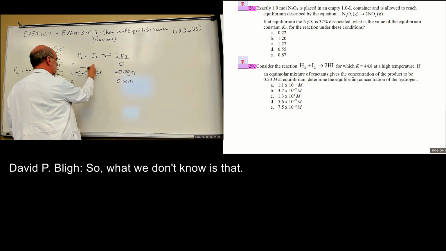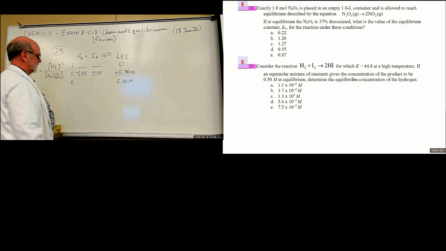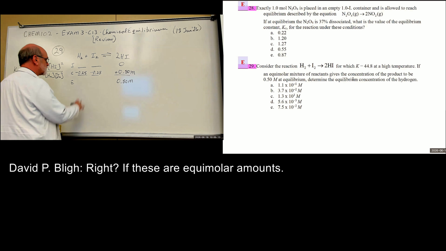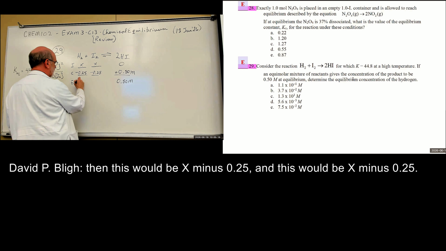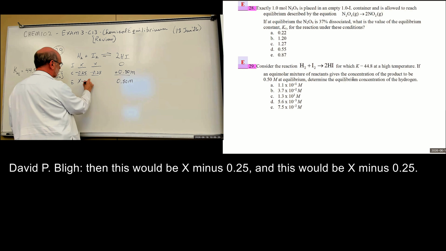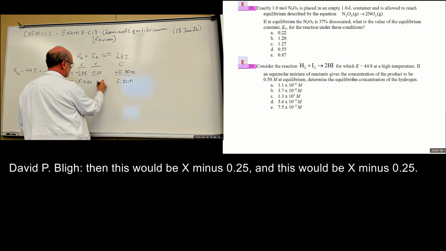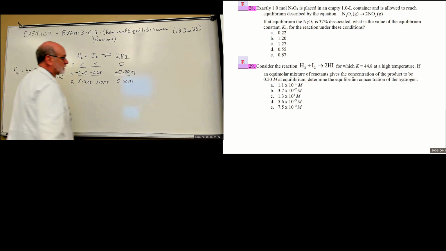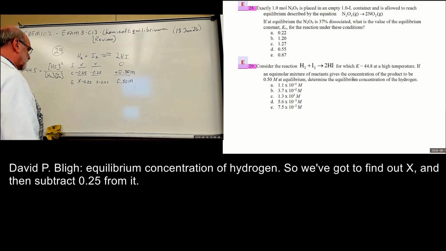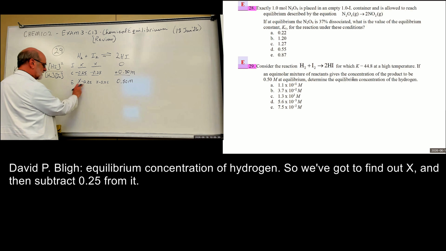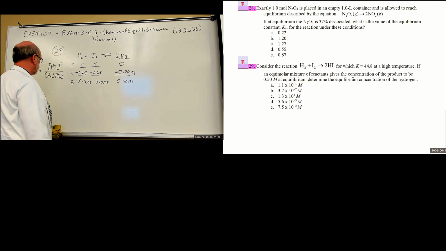So what we don't know is X. If these are equimolar amounts, then this would be X minus 0.25, and this would be X minus 0.25. For the equilibrium concentration of hydrogen, we've got to find X and then subtract 0.25 from it.